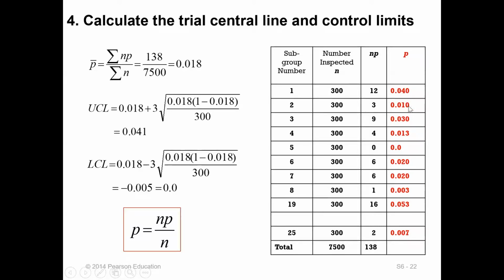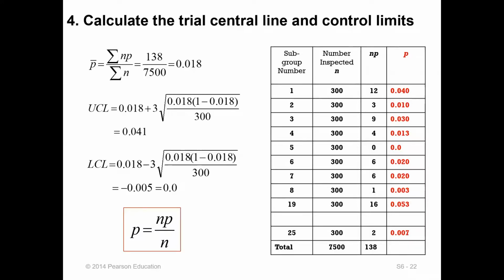So what I am trying to tell you is this is a step that you need to carry out in a P chart. In an NP chart or an X bar, R chart, this step is not required. The data is there, you just plot the data into the control chart. But for a P chart, this is the additional step.